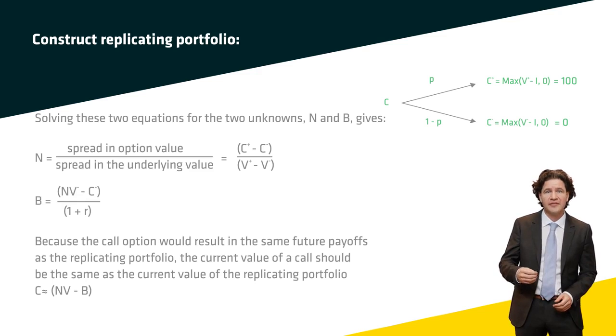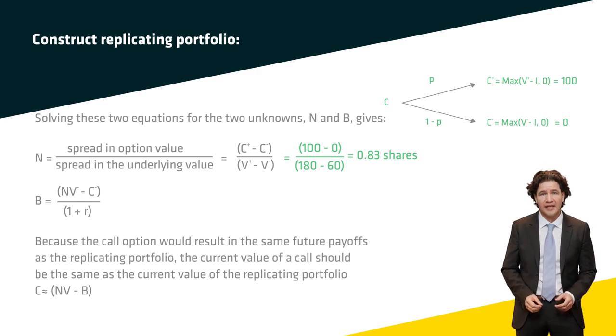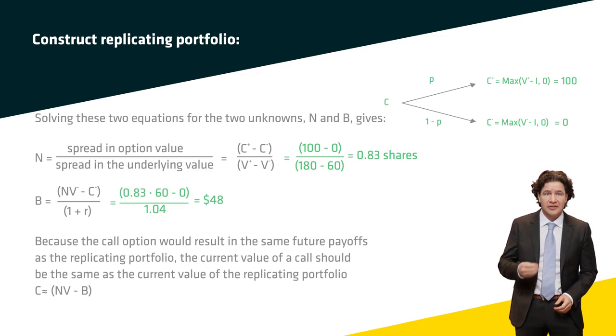So as you can observe, N equals 100 minus 0 divided by 180 minus 60. And that's a fraction of 0.83, or 83% of a share. Then the amount B equals 83% times the down value of the stock minus 0, discounted at the risk-free rate of 1.04.